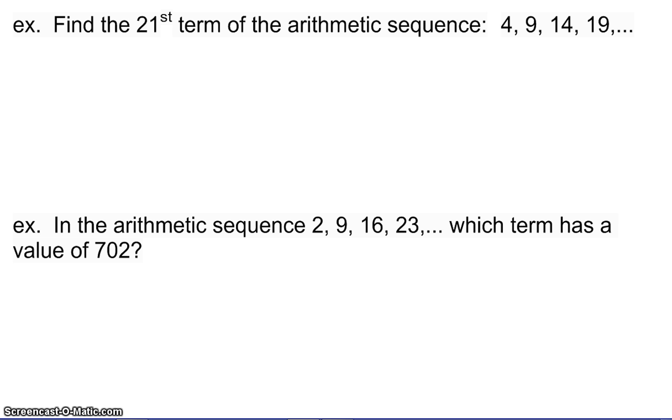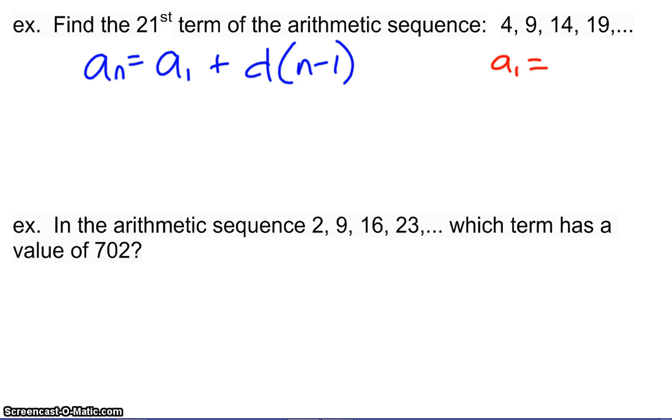First, let's make sure we have the formula written down so that we can remember it. It's the first term plus n minus 1 times the difference, and I actually like to write the difference in front. Some of the things we need to find first: the first term, which we see here is 4 in this sequence.